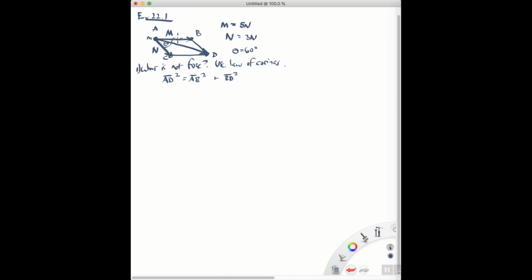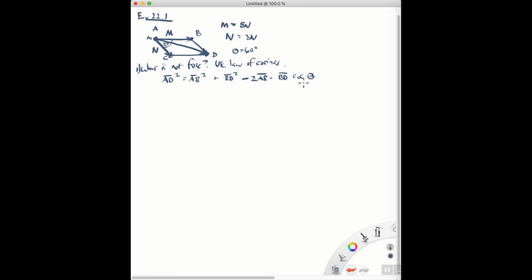That kind of looks like the Pythagorean theorem, AB squared plus BD squared is AD squared. But since this is not a right triangle, there's a correction to this: minus 2 times line segment AB times line segment BD times the cosine of the angle between them. And the angle between them is our theta.